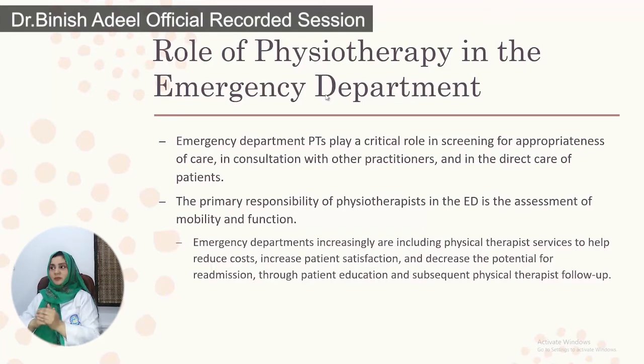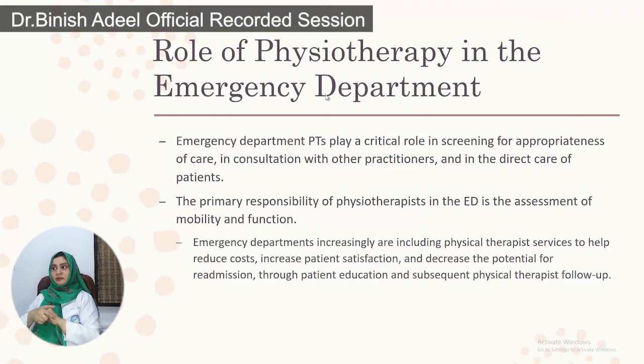The primary responsibility of the physiotherapist in the emergency room is mobility and function assessment, right? You all know that physical therapists are the movement experts, so their prime concern in the assessment of patients is mobility and function. But how can the patient benefit?